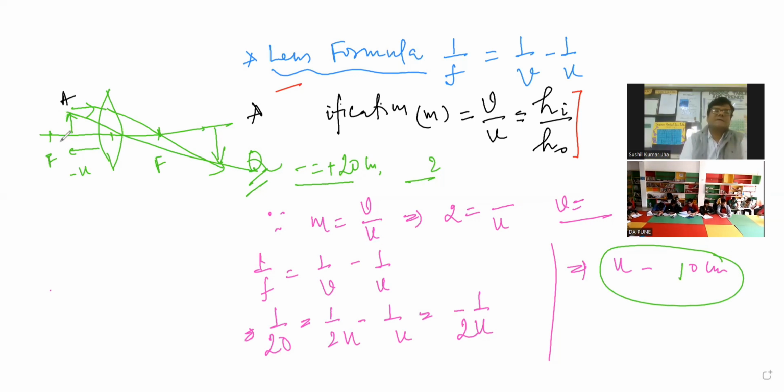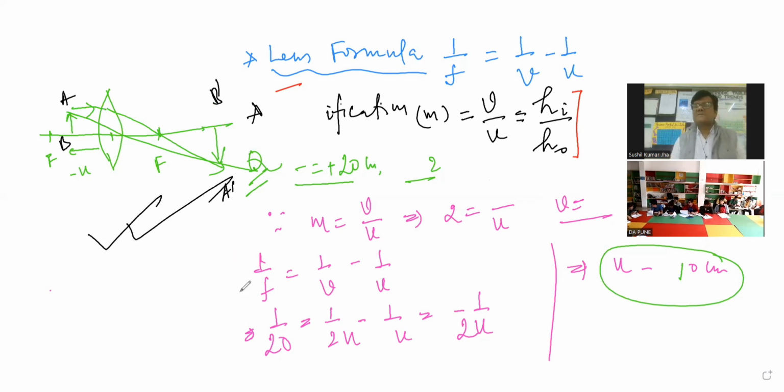Like if it is AB, on the other side it will be A dash B dash. While drawing the diagram, you need to take care of the scale also. If f is 20, the object should be exactly at midpoint 10 centimeter, and accordingly v will be 20 as well. This is a very significant question in NCERT as well, CBSE as well.